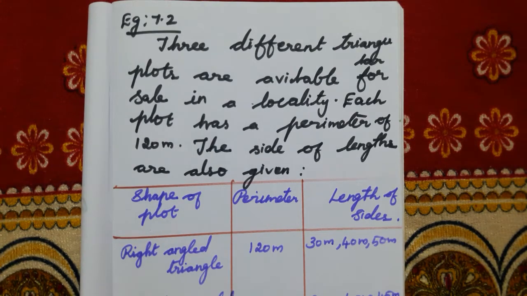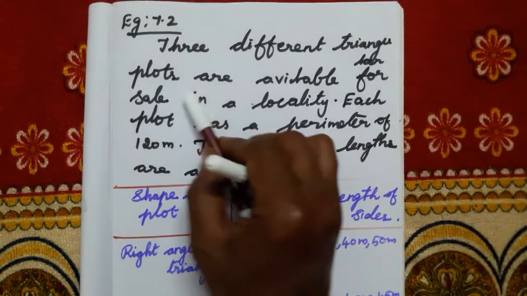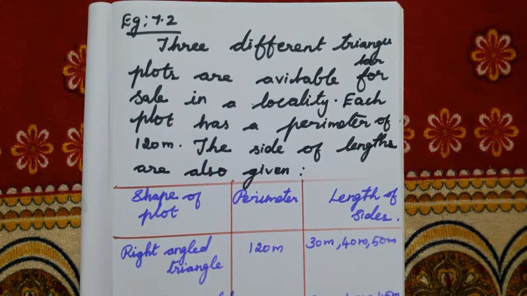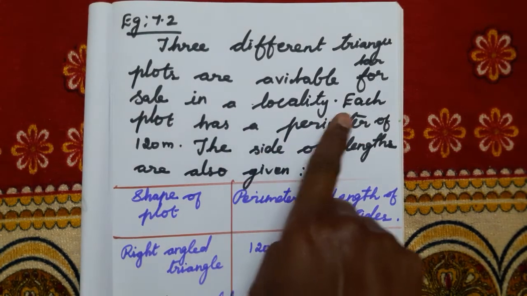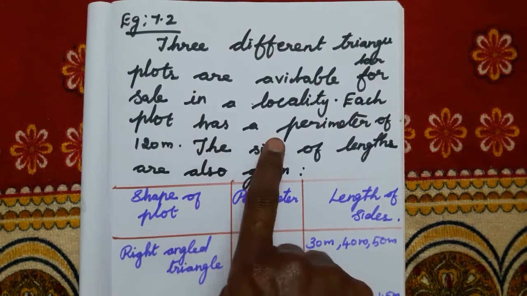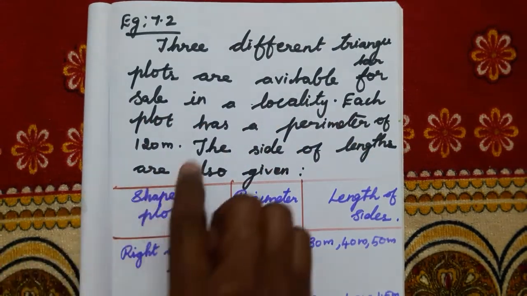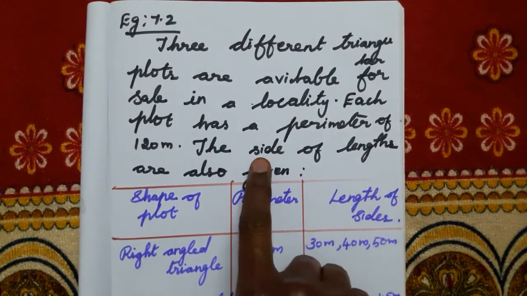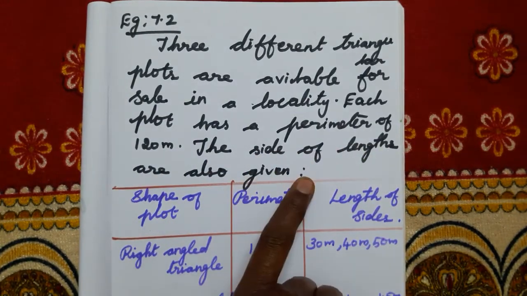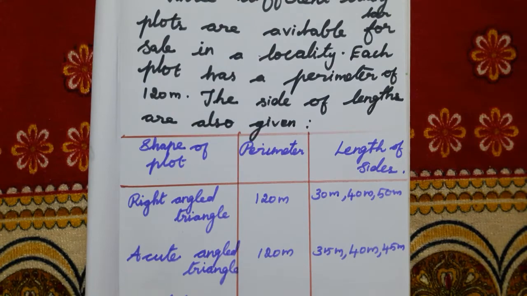Next, example 7.2. 3 different triangular plots are available for sale in a locality. Each plot has a perimeter of 120 meters. The side lengths are also given. We have to find out which plot is more spacious. There are 3 shapes: right angle triangular plot, acute angle triangular plot, equilateral triangular plot.